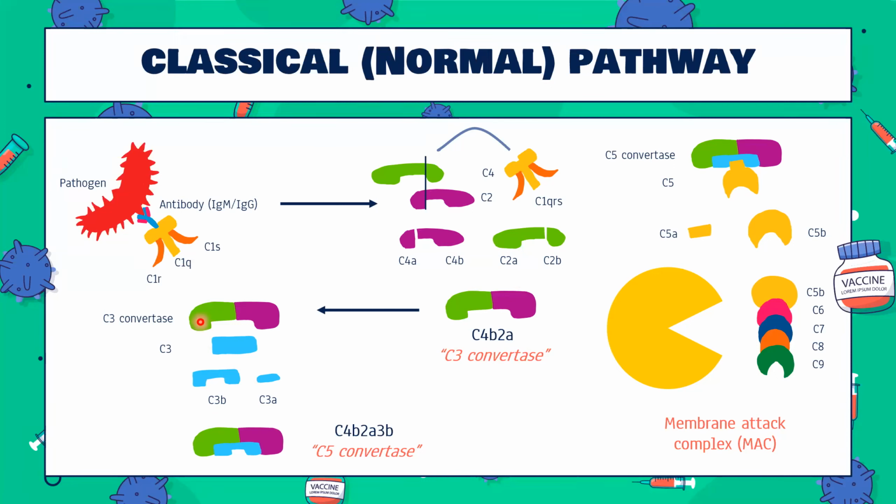As C3b binds to C3 convertase, it becomes C5 convertase. C5 convertase will cleave C5 into C5a and C5b, which will go on to activate the membrane attack complex by binding to C6, 7, 8, and 9.